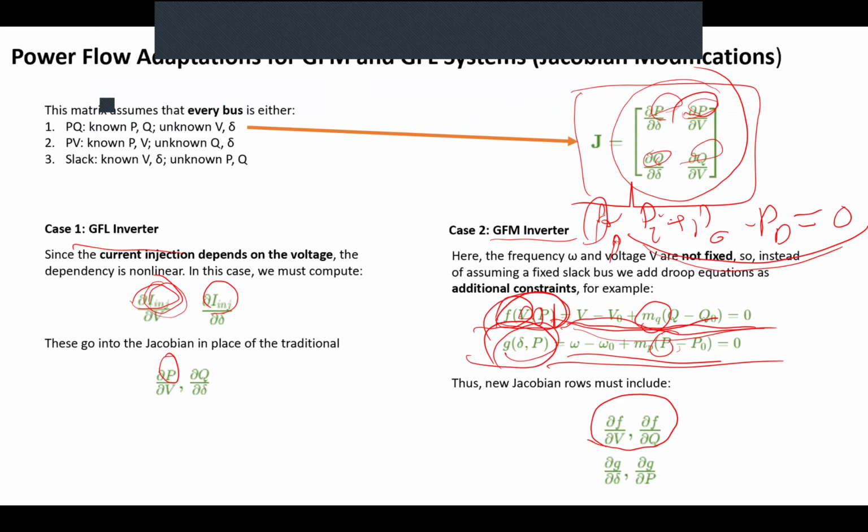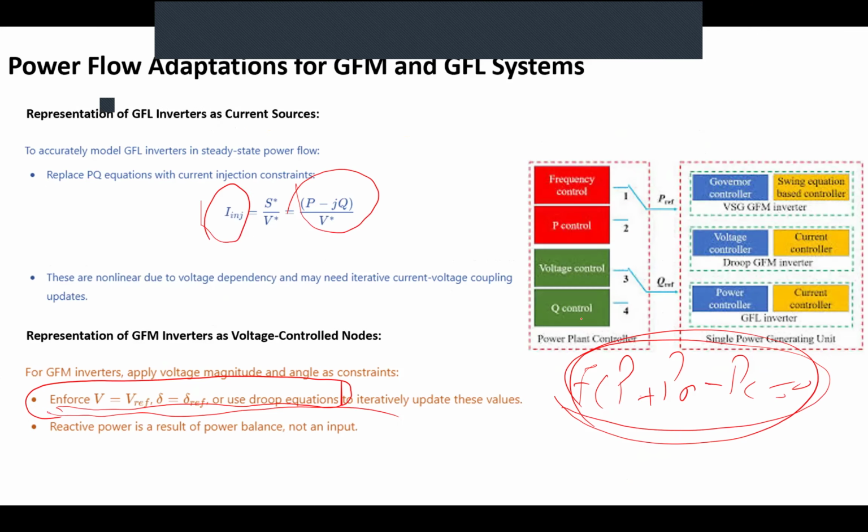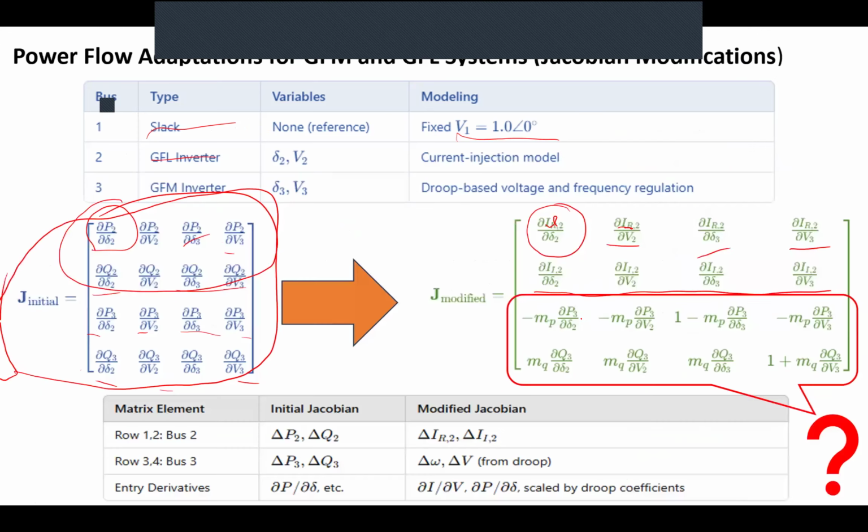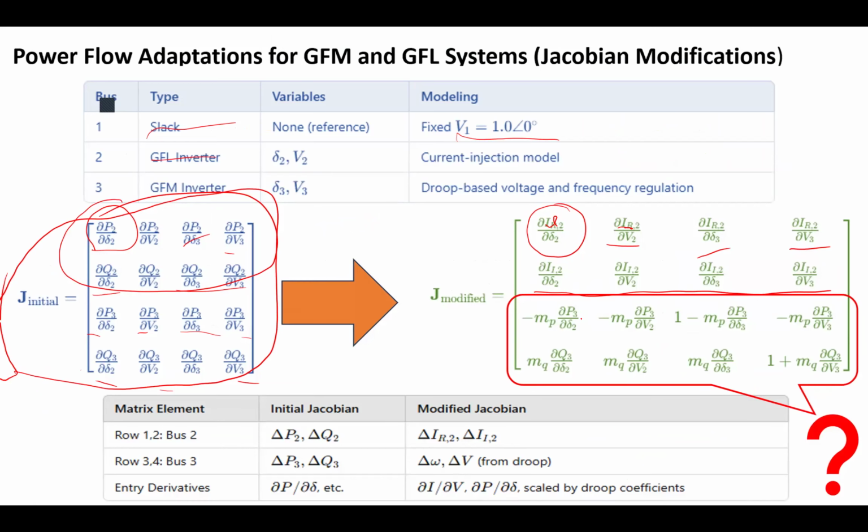Do you see that? V also exists in this F. So if you want to differentiate, we are talking about the chain differentiation of the F of G of X. Okay?